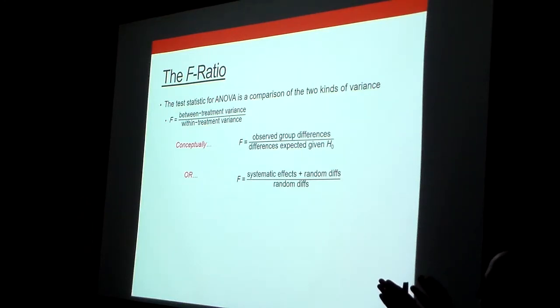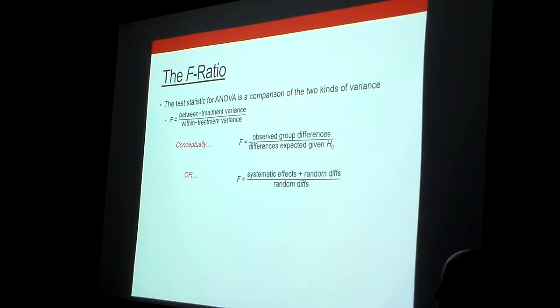So this is the variance that we see across our mean scores, made up of systematic effects and random differences, over the top of our within treatment variance, the variability that we see within individual conditions. We're assuming that scores are going to vary to some degree, right? So our within treatment variance is basically the differences that we would expect if nothing's going on, or just our random differences, right?